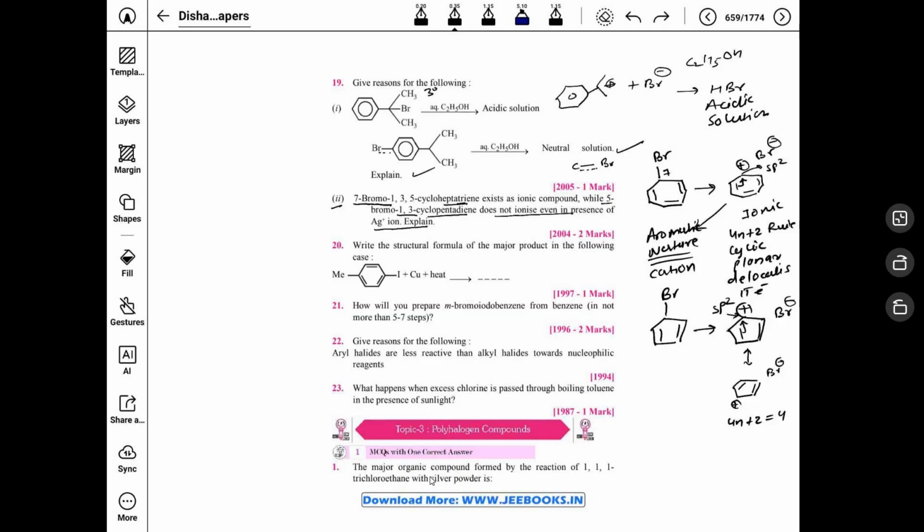If you try to find the n value, 4 minus 2 divided by 4, n cannot be a fraction. Therefore, it does not follow Huckel's rule, and hence it is not an aromatic compound. So it has high energy and it is unstable.